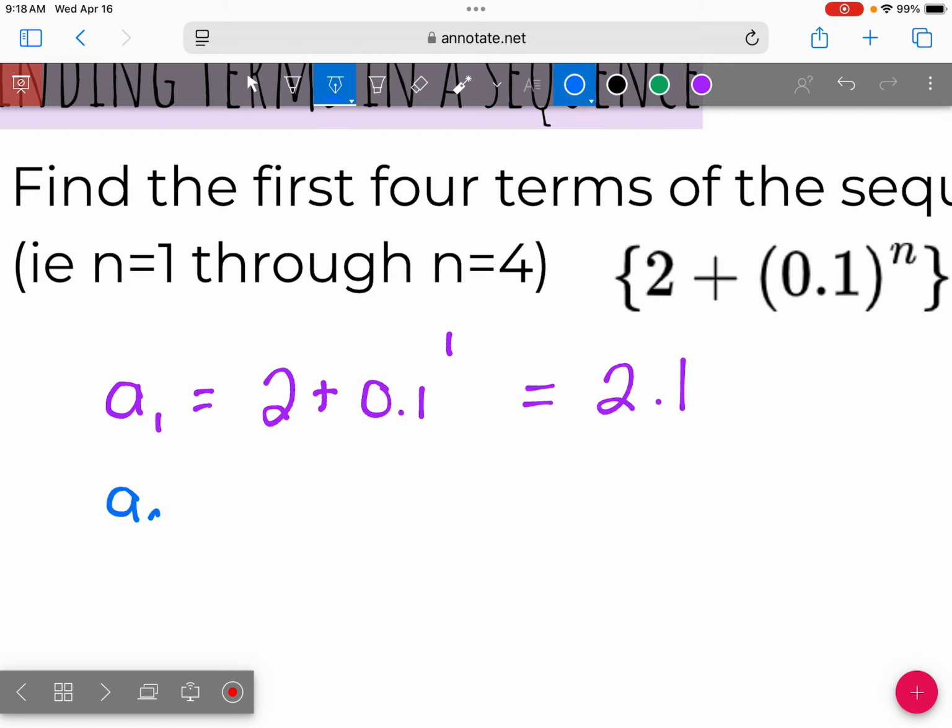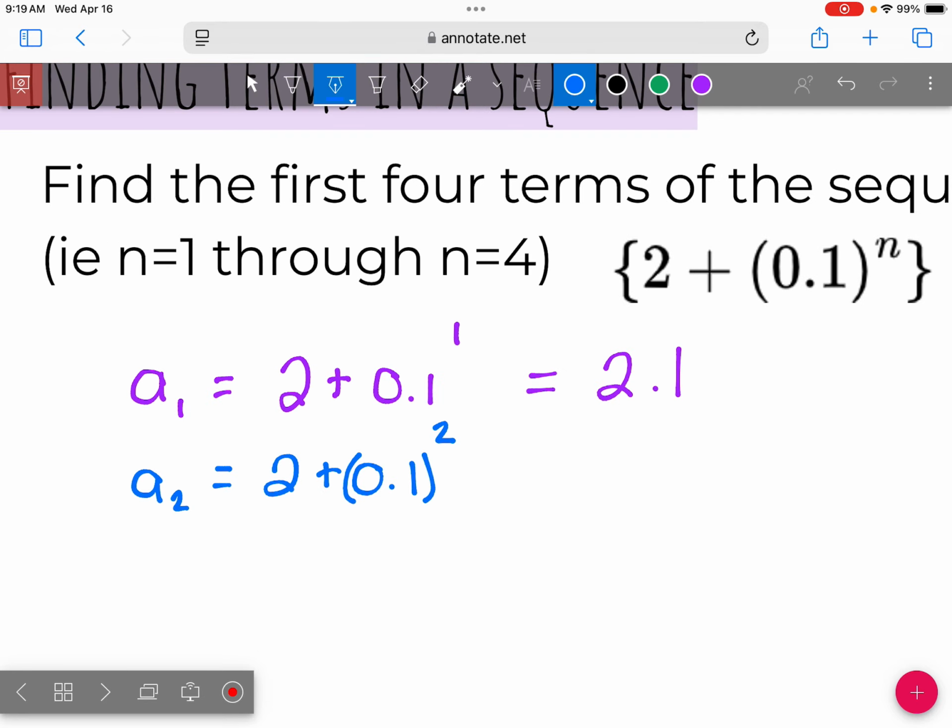For a sub 2, we're going to have our 2 plus our 0.1 squared. If it helps, you could also think of this as 1/10 squared, 0.01.